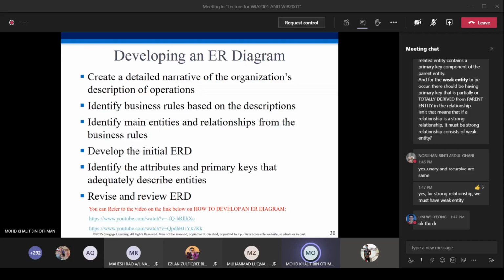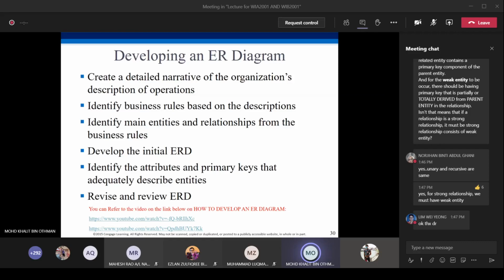After you create a detailed narrative of the organization's operation, you have to identify business rules based on the description. What are business rules? An example of a business rule is an employee can be assigned to many projects.